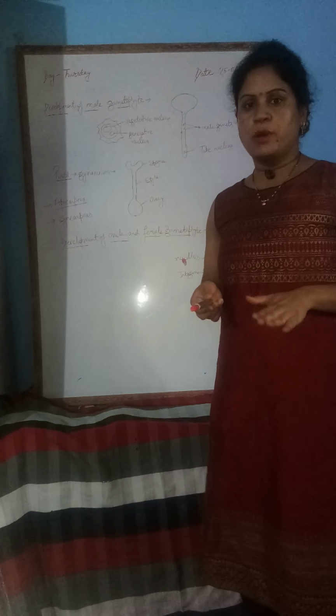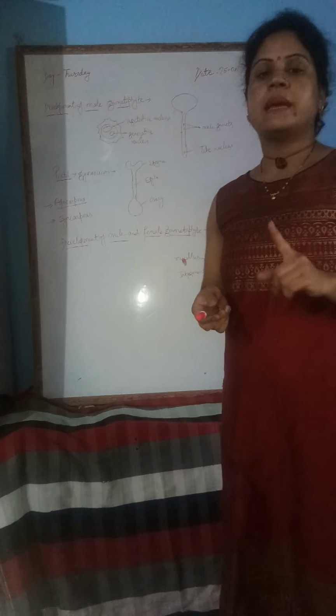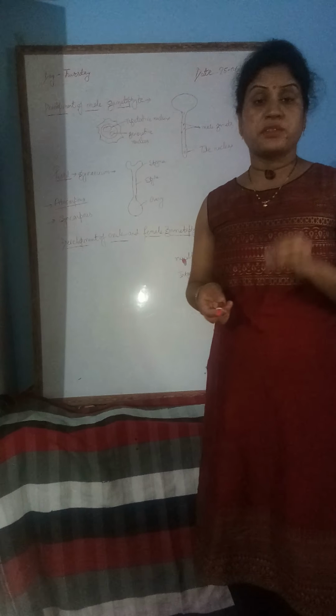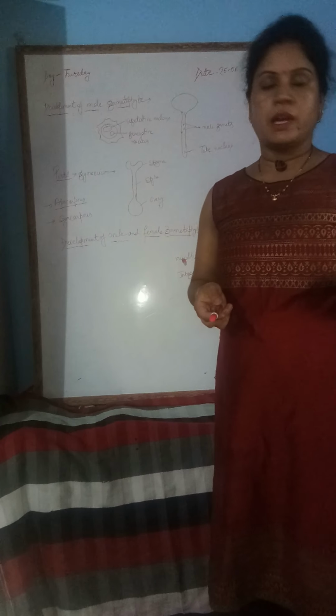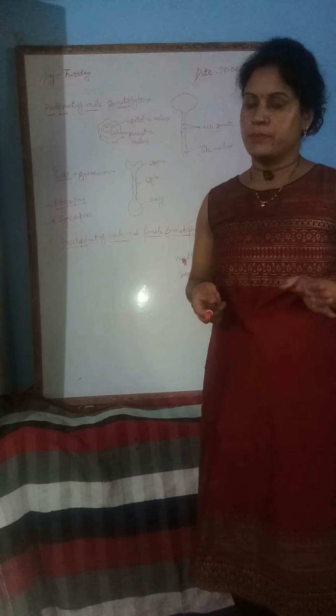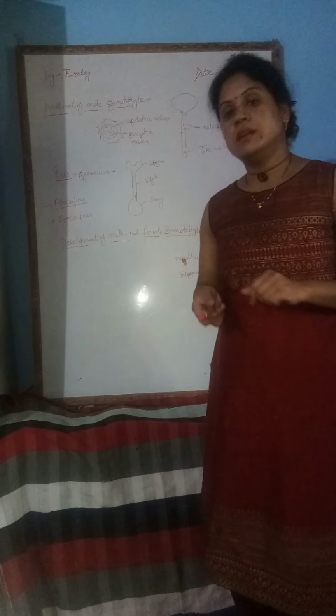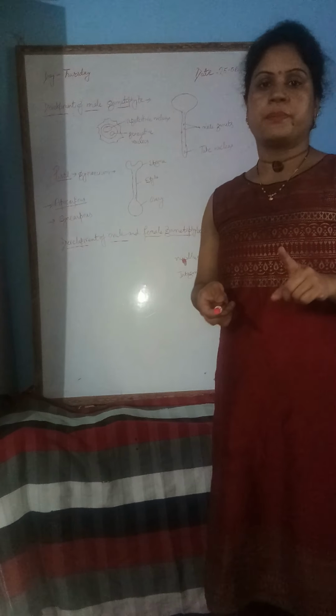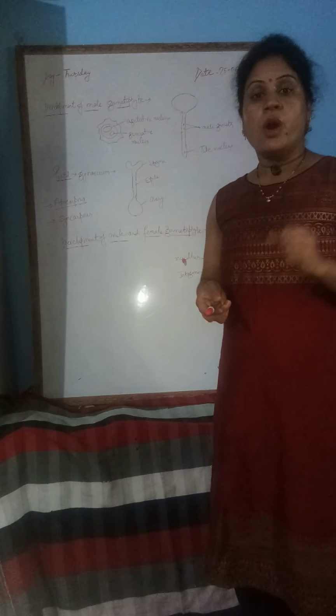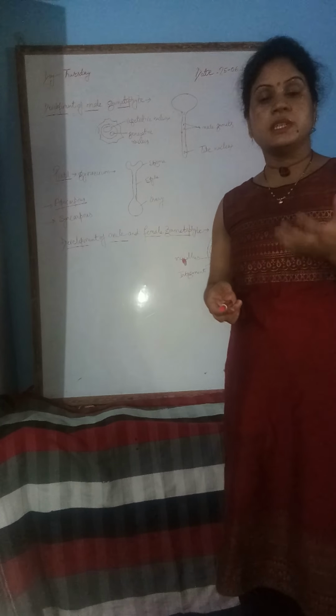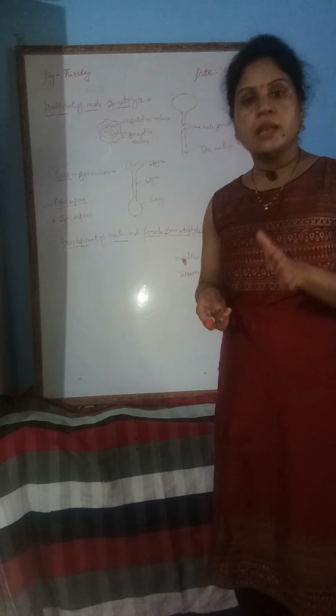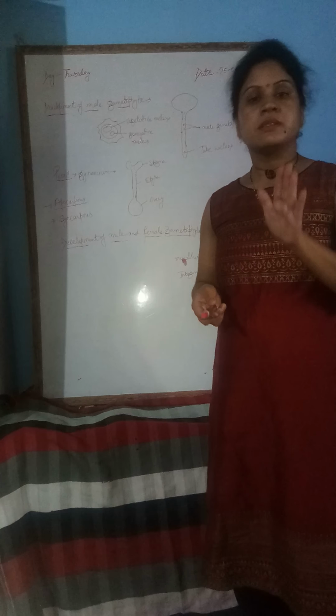After pollination, the male gamete or the pollen grains are transferred from the male part of the flower to the female part of the flower. After that the pollen grains absorb all the nutrients which are present in the female part or stigma.